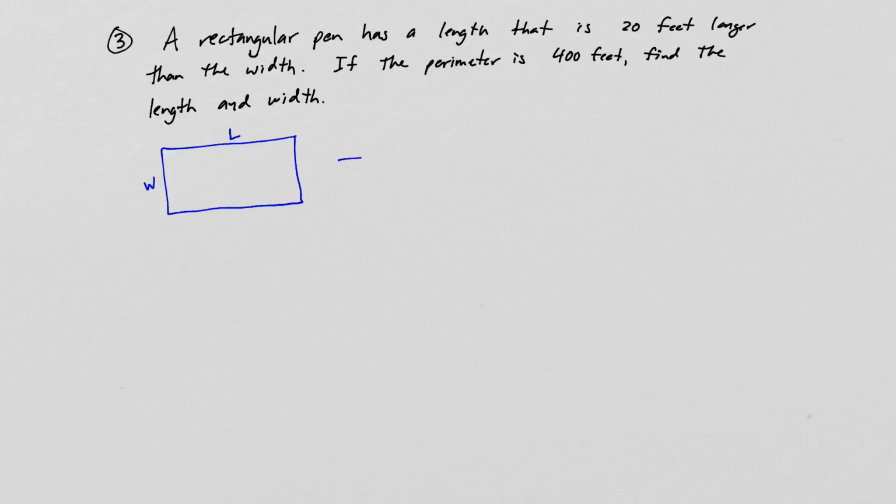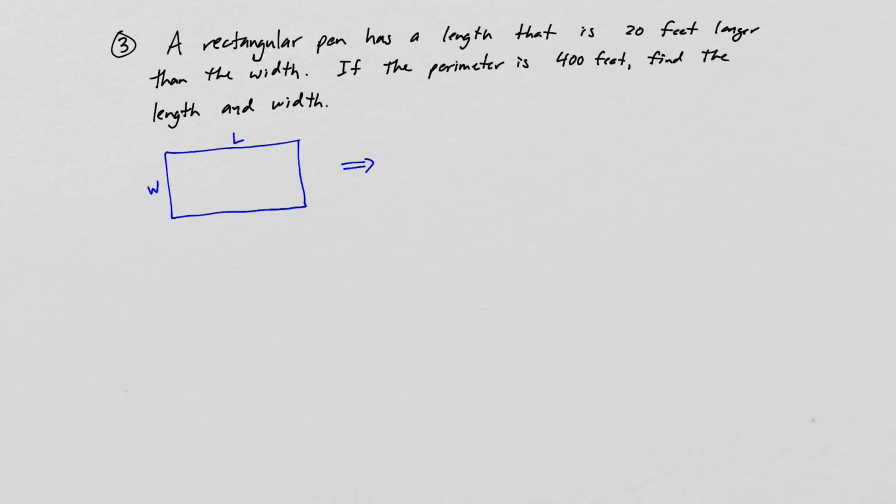And so we can define variables by saying, let the width be equal to X, and then the length will be X plus 20. And this would be our step number 1.